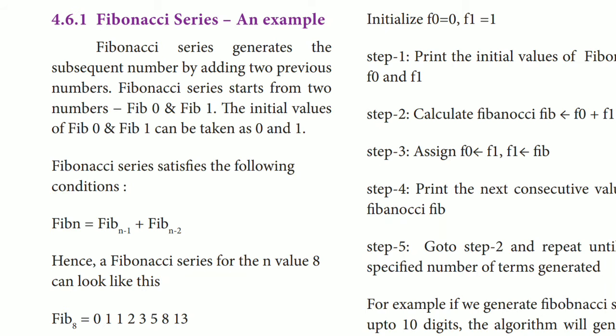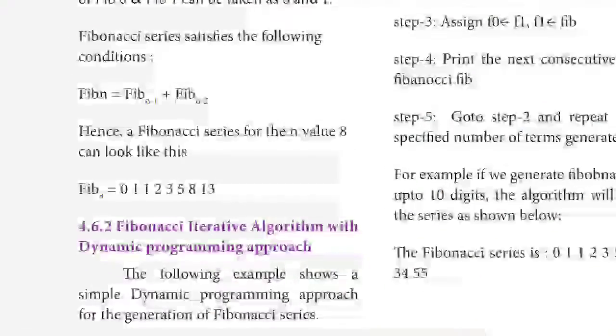It starts from two numbers, Fibonacci 0 and Fibonacci 1, whose initial values can be taken as 0 and 1. So 0 plus 1 is 1, 1 plus 1 is 2, 1 plus 2 is 3, 2 plus 3 is 5. The previous value is added to the existing value and a new value is created. So this is the Fibonacci series.